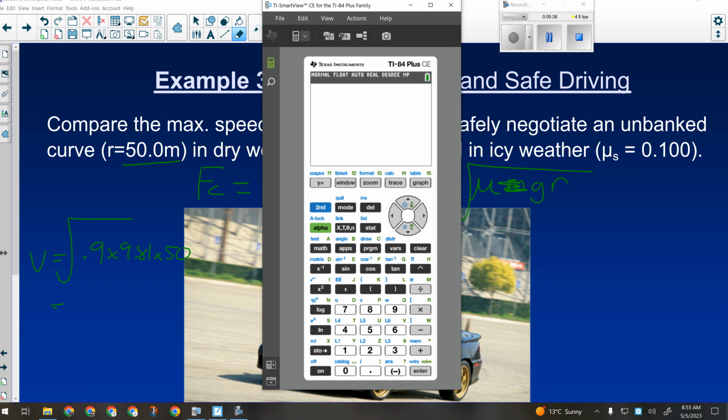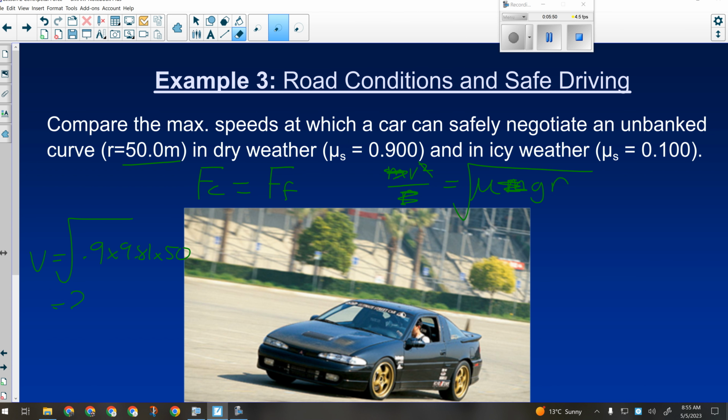So we got the square root of 0.9 times 9.81 times 50. All right, so that car can take that corner at 21 meters per second. Okay, under ideal conditions.